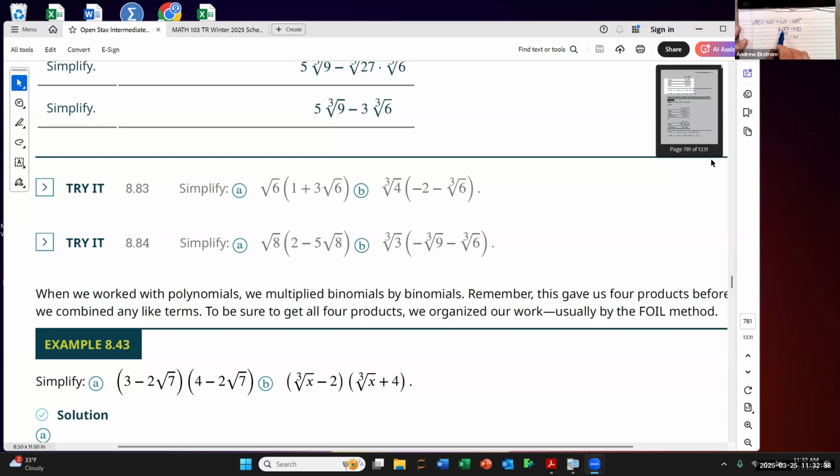So this breaks down to 2 times the square root of 4 times the square root of 2. Square root of 4 is 2. So this will be 2 times 2 times the square root of 2. 2 times 2 is 4. So this whole thing, 4 square root of 2 minus 40.